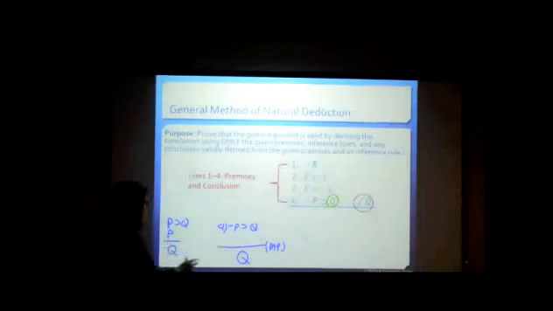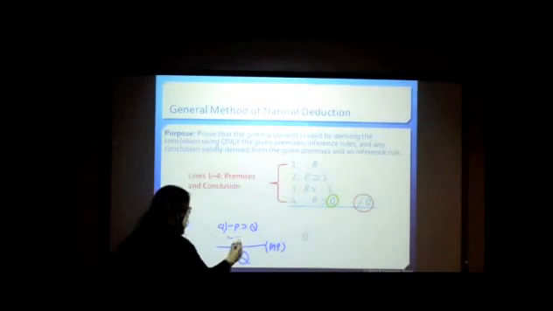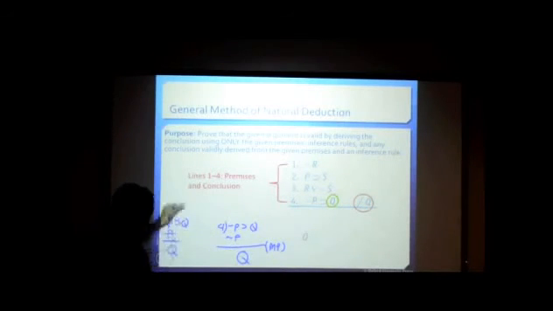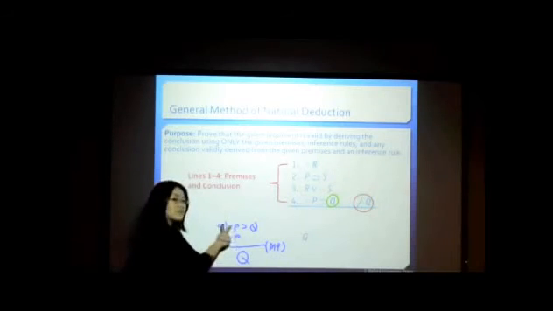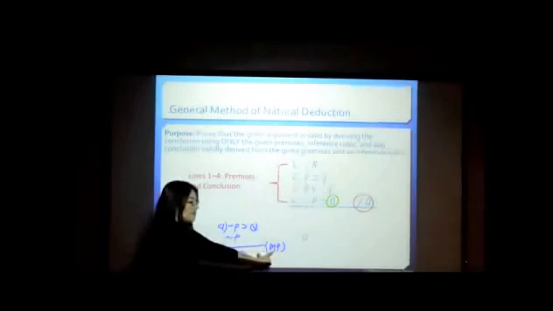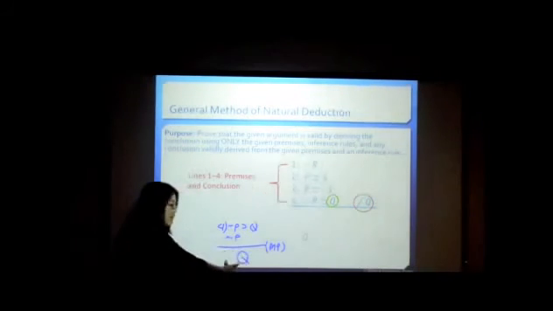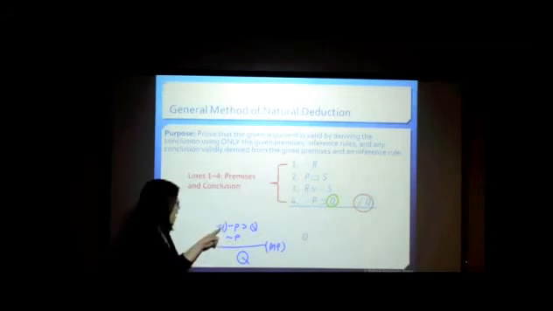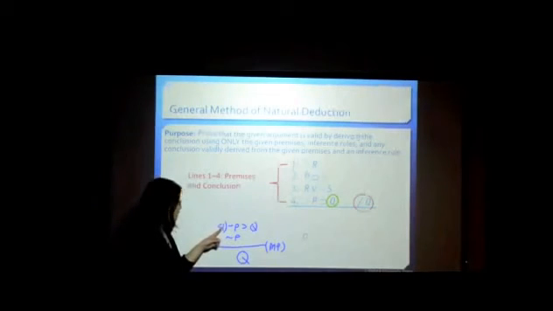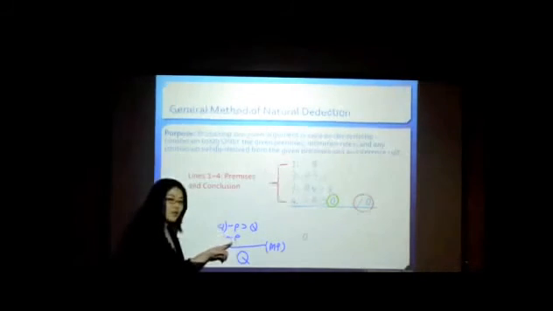Here, the inference rule tells us that we need the antecedent of the conditional statement, which in this case is not P. So we're hypothesizing that if we have these two premises, then we can use the inference rule of modus ponens to get Q.